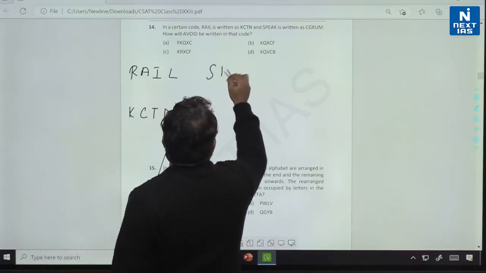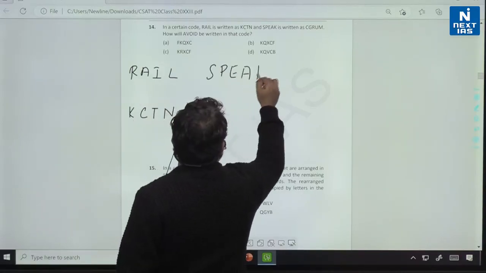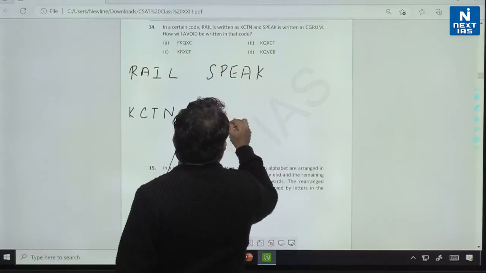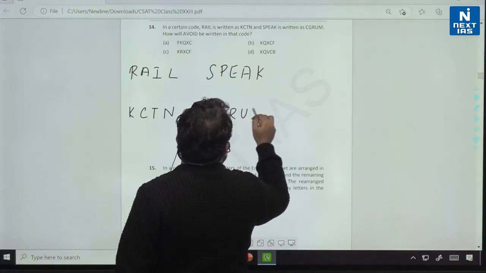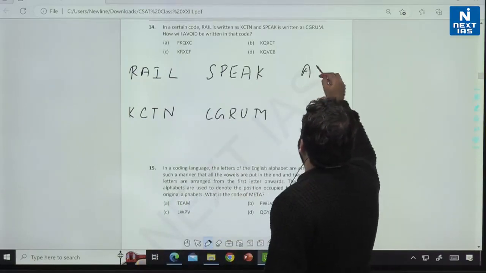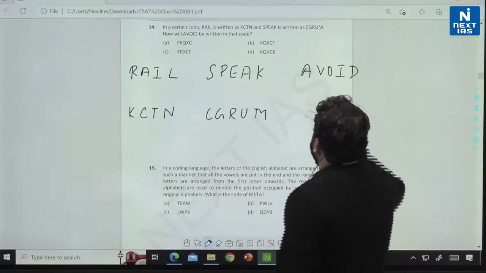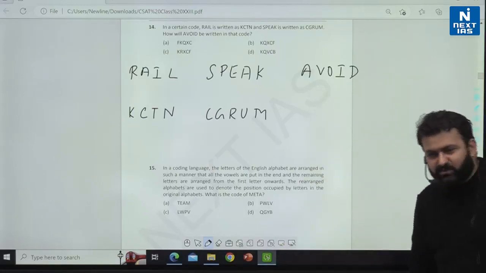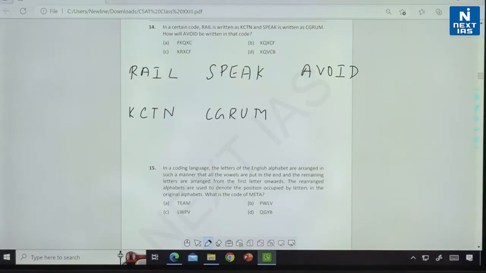Speak is written as CGRUM. How will avoid be written in that code? This question is too difficult, seriously. It is a really nice question, but here the pattern is also kind of too different.